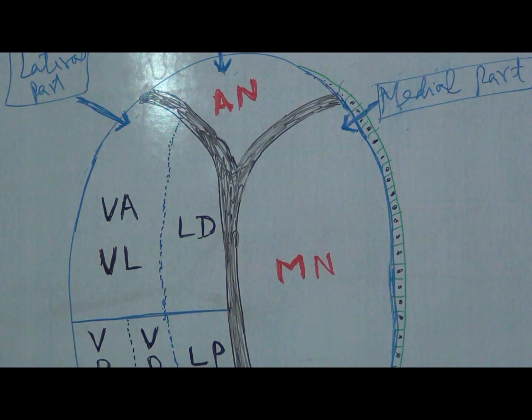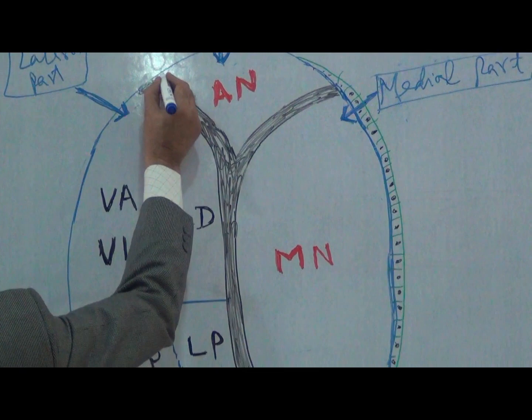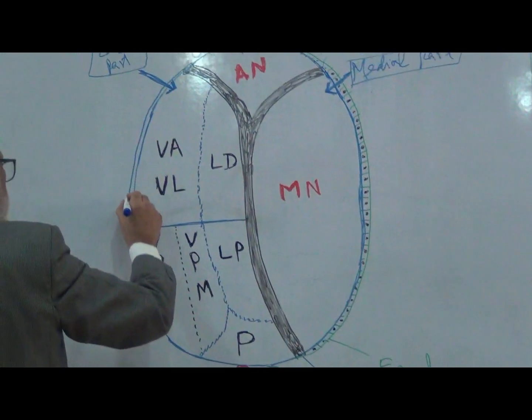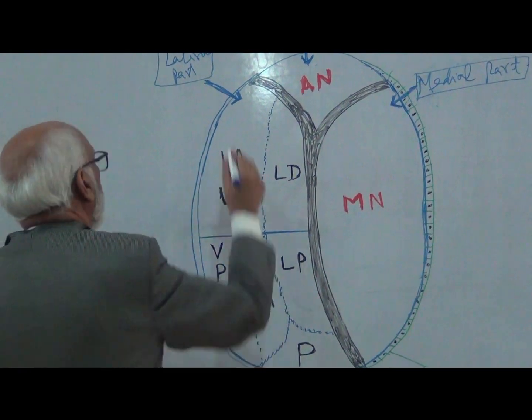And on the lateral surface, there is a layer of white matter known as the external medullary lamina.